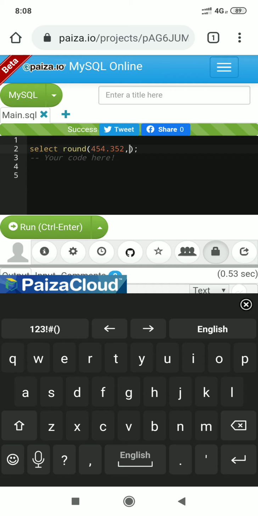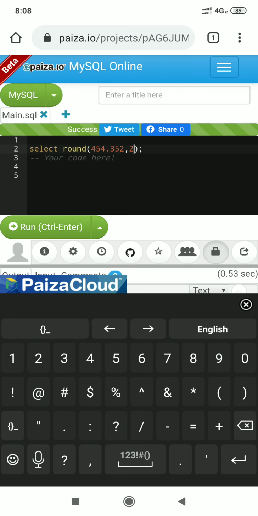Now we take another example. Here we change it to 2, meaning 2 decimal places. At 2 decimal place the value is 5, just after 3, and its right side value is 2, which is not greater than or equal to 5, so the result should be 454.35.